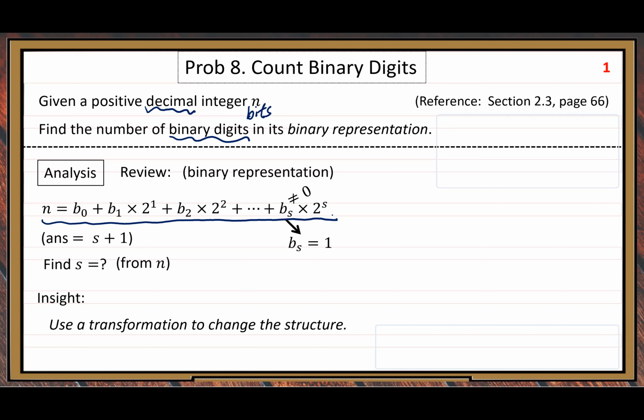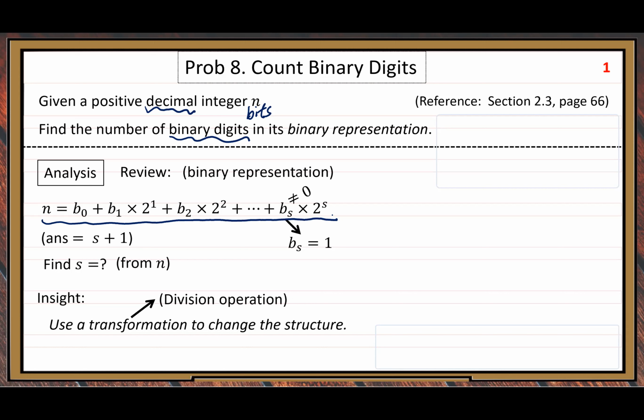So a typical way that we use in real world problem solving, we do transformation. For a given expression, we need to change its form. The original form does not reveal the insight. After we change the form, we can get the insight easier. That's the idea. Here, let me show you the transformation part.